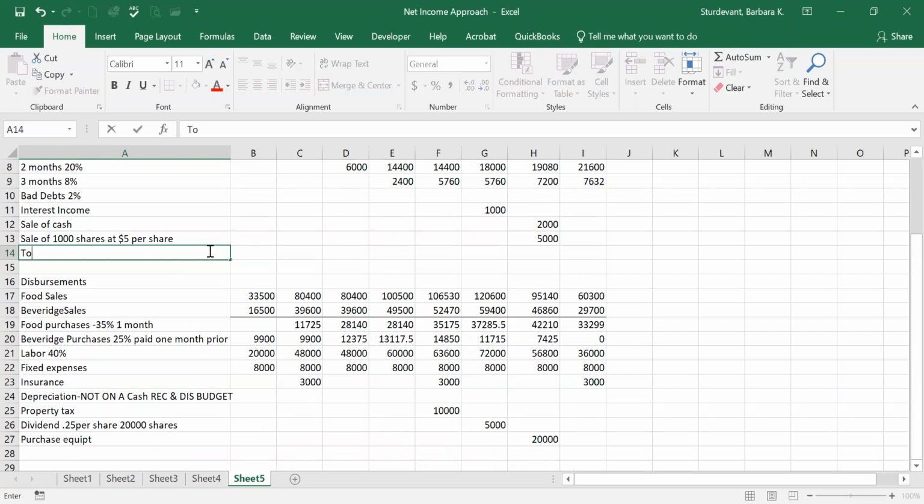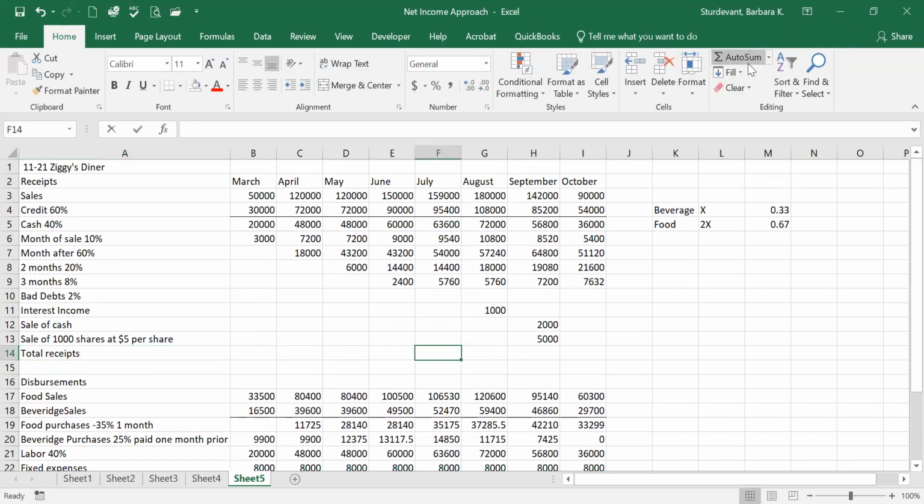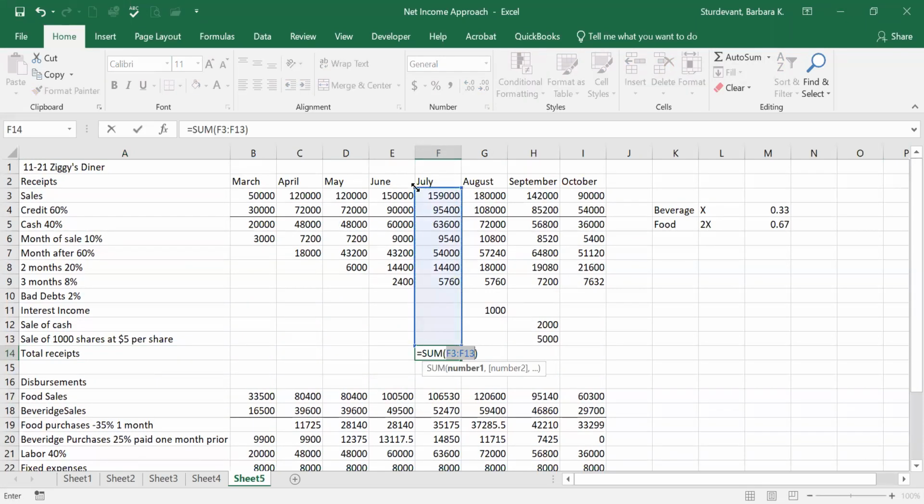So we're going to total. And again, I'm only going to do it for July, August, and September because that's all I need. Make sure you add from the line down.